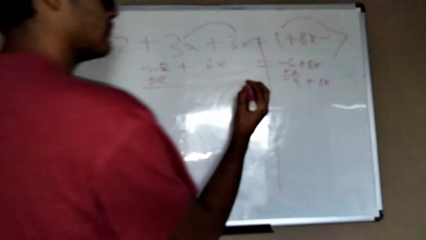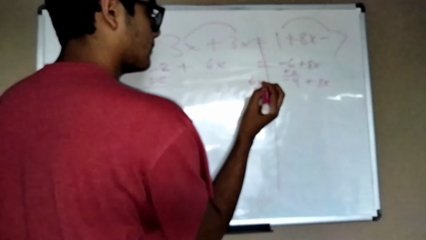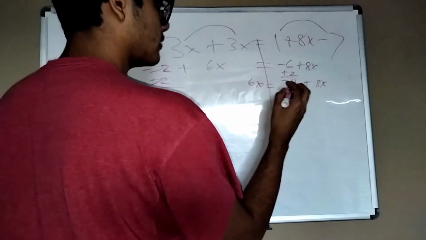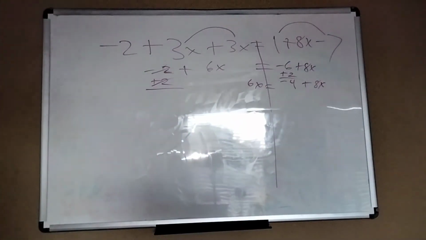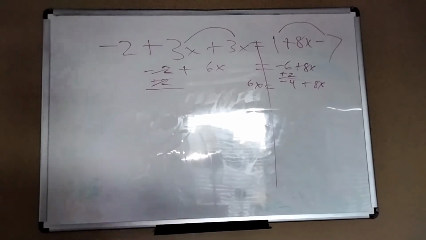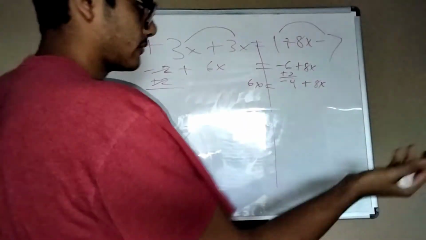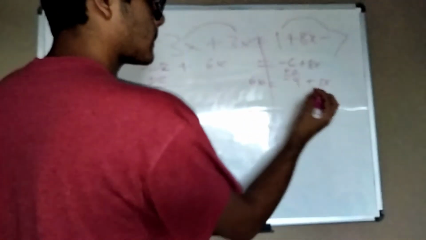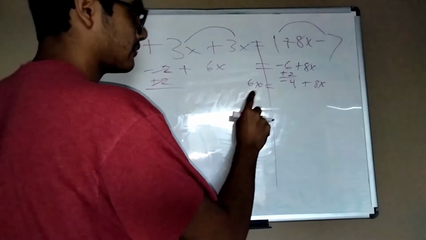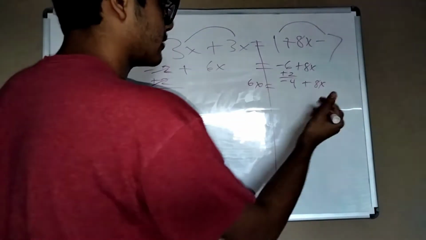So what you got left is 6x equals negative 4 plus 8x. Now, again, you have to find like terms right here. It's the 8x and the 6x, but you can't add these because they're on two separate sides.